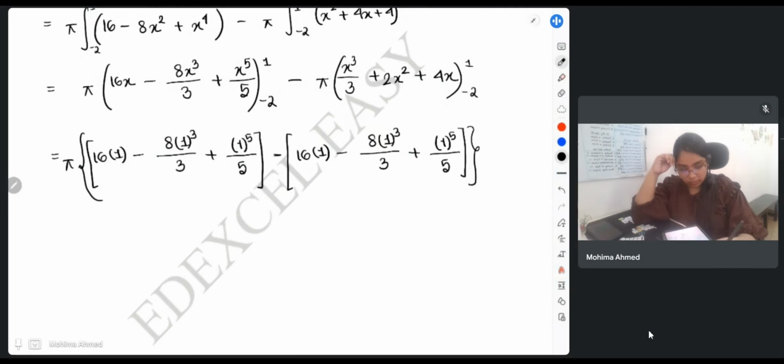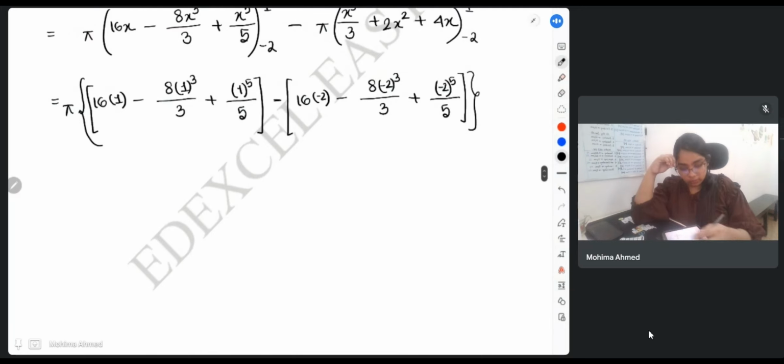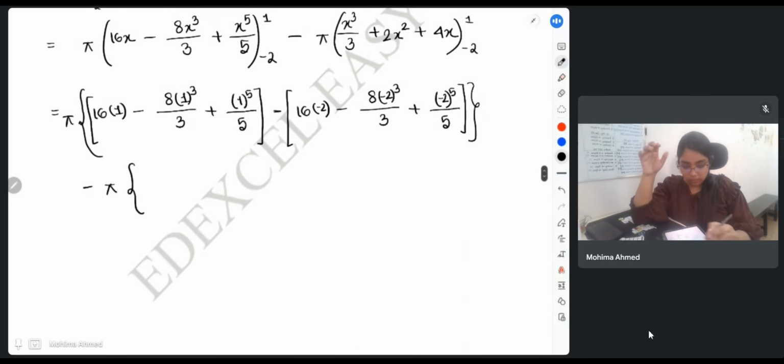This was again multiplied with pi, and we will change this 1 inside the brackets to minus 2. So now you have minus 2 over here, and then again minus 2. Similar working for the next part. It was subtracted this time. Previously it was added with the first expression. Now you're going to subtract it.